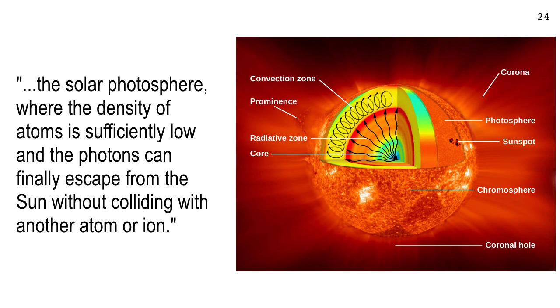It hits nuclei and electrons, and every time it does, it changes direction and loses a little bit of energy. And eventually, by the time it gets out to the photosphere, the density is low enough, one last bump, and away he goes. The next stop, planet Earth.